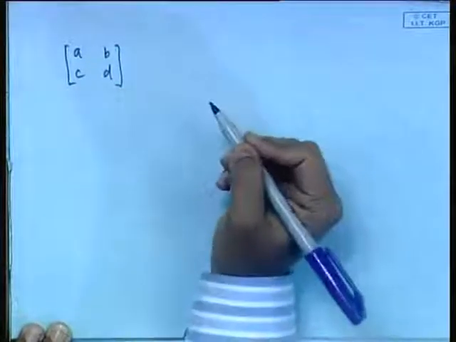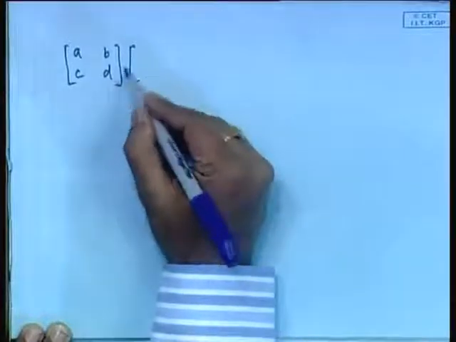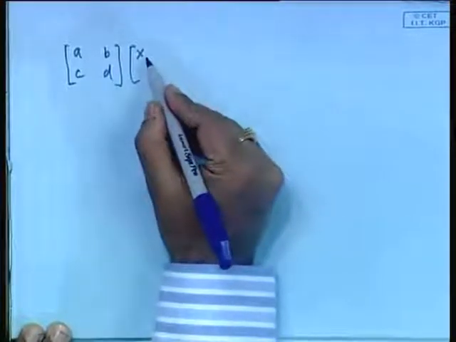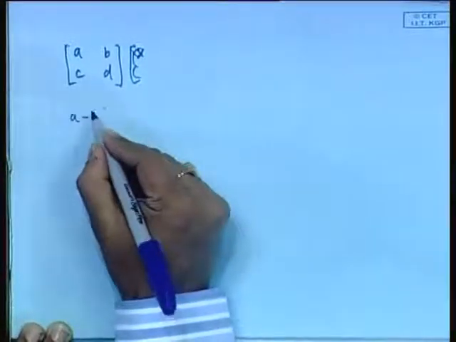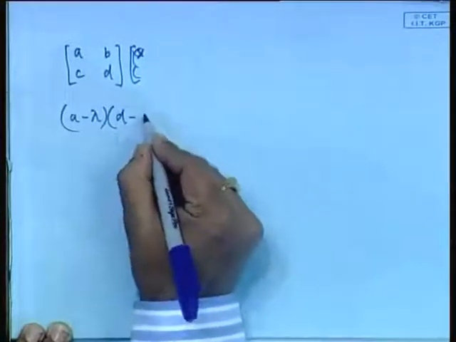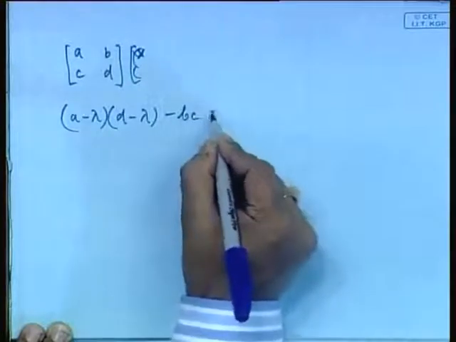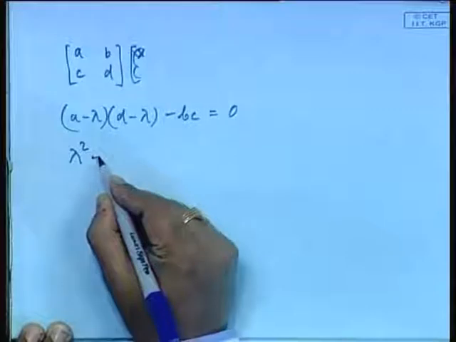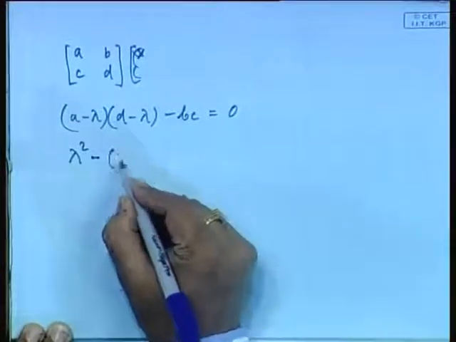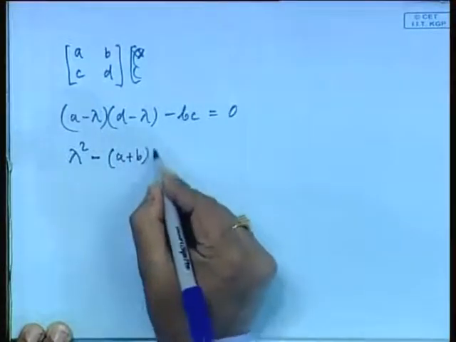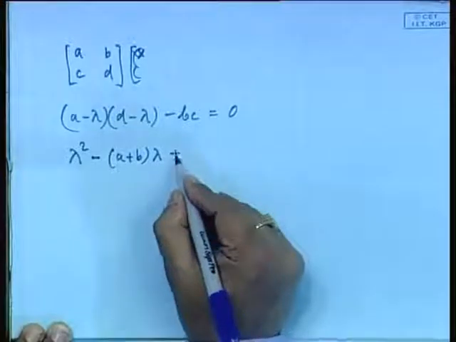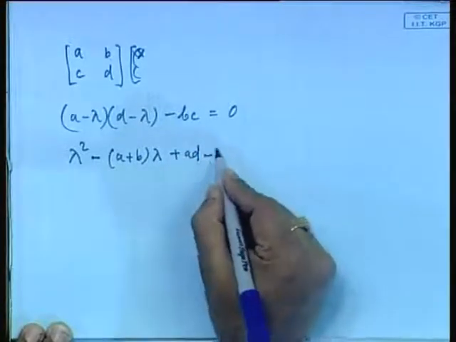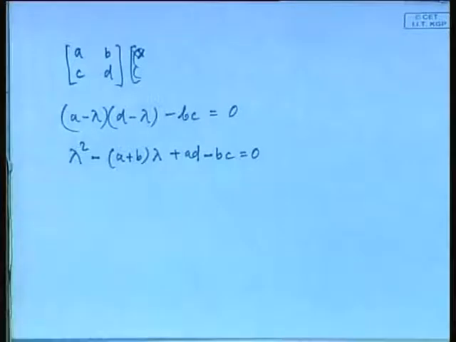So suppose this is your matrix. Then in this case the characteristic equation would be this, which is lambda squared minus this.